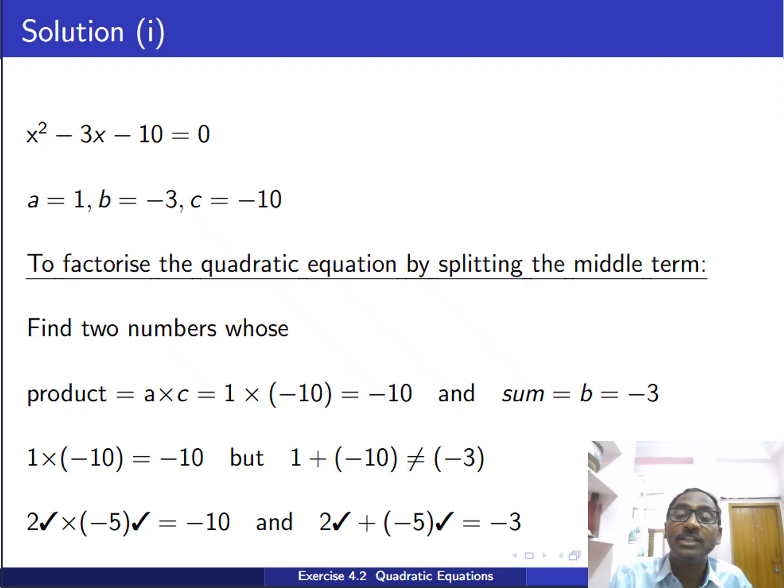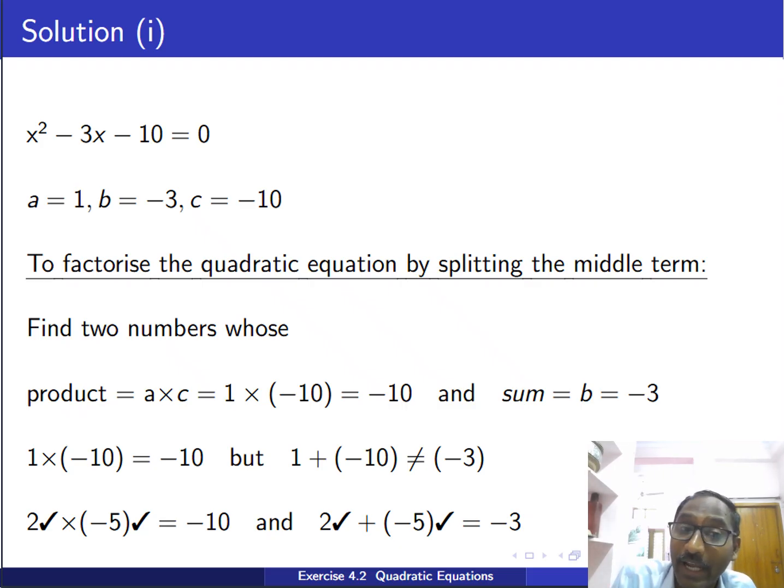So minus 3 is b. I can take these two numbers. To split the middle term, I can take 2x plus minus 5x, I can take minus 3x.